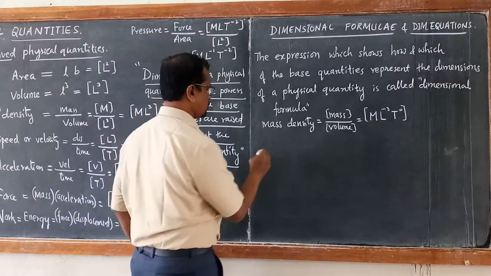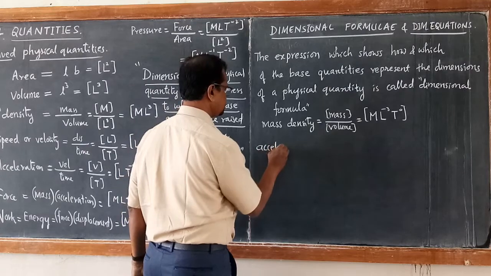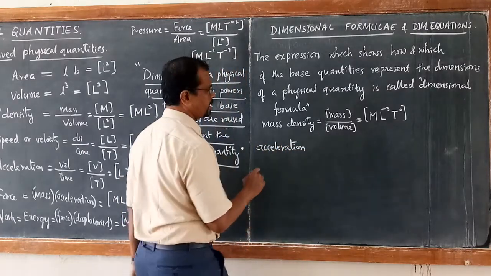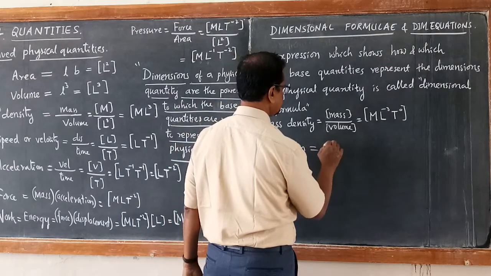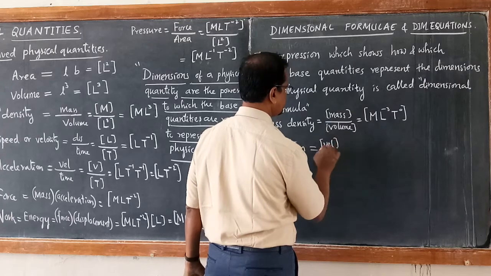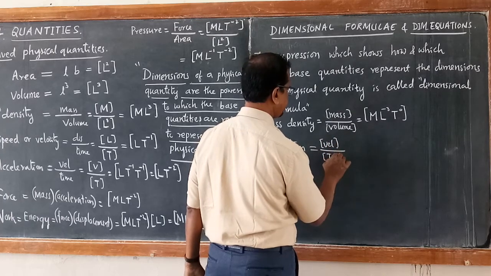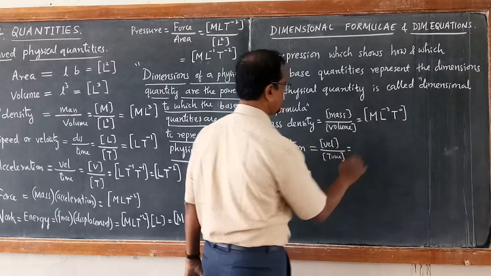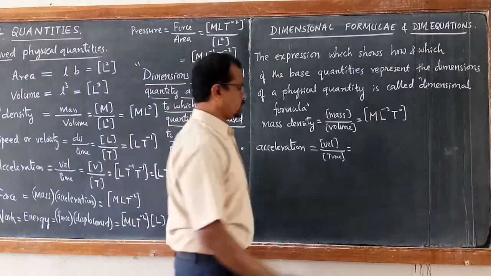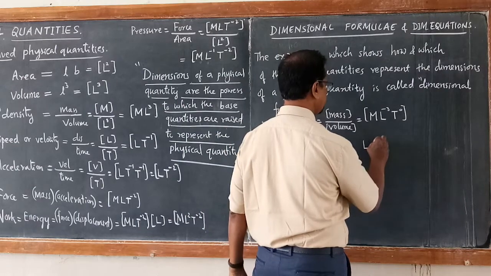Similarly, the dimensional formula of acceleration. You see, it is dimension of velocity and dimension of time. Velocity is L T raised to minus 1.